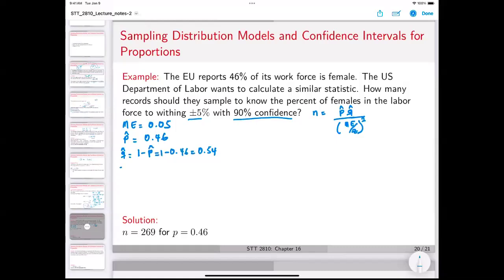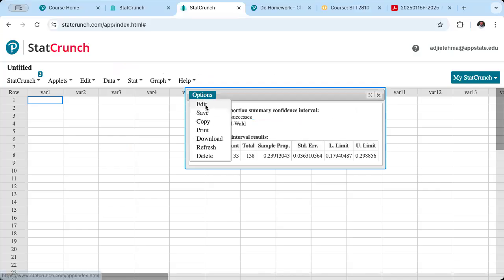Now we need our Z. What is our Z? Go to StatCrunch and then tell me the Z. So based on the example we did, just change the confidence level to 90. Whenever I'm given something like this, all I have to do is come to StatCrunch.